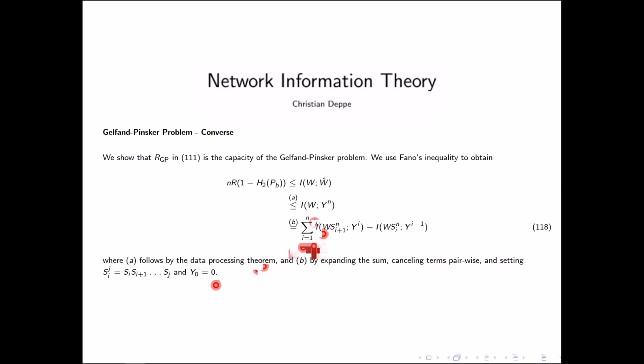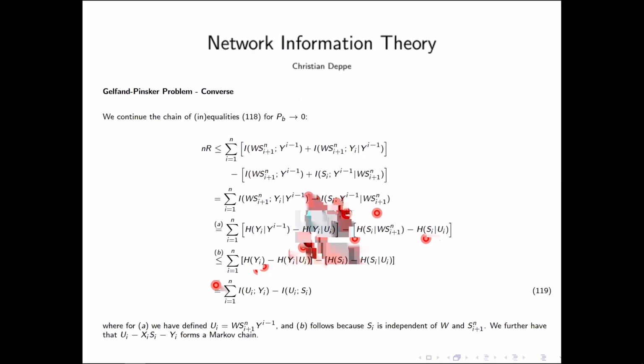Then we can write this mutual information with this sum. If you write this out, you will see that everything cancels out at the end, and you are back with this mutual information. This is just a trick to expand this mutual information. Now we apply the chain rule to this. This is the chain rule of the first term of the sum, and this is the chain rule of the second term of the sum.